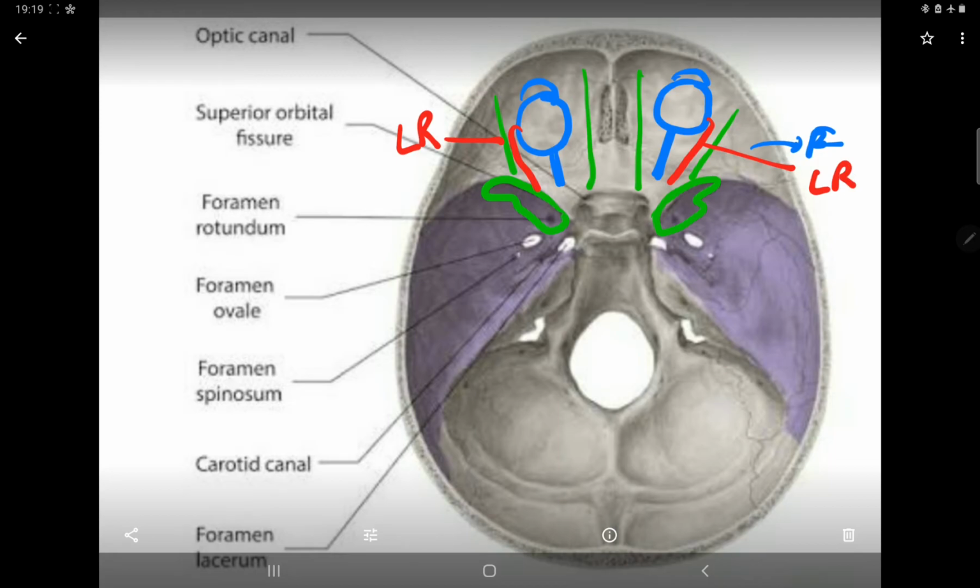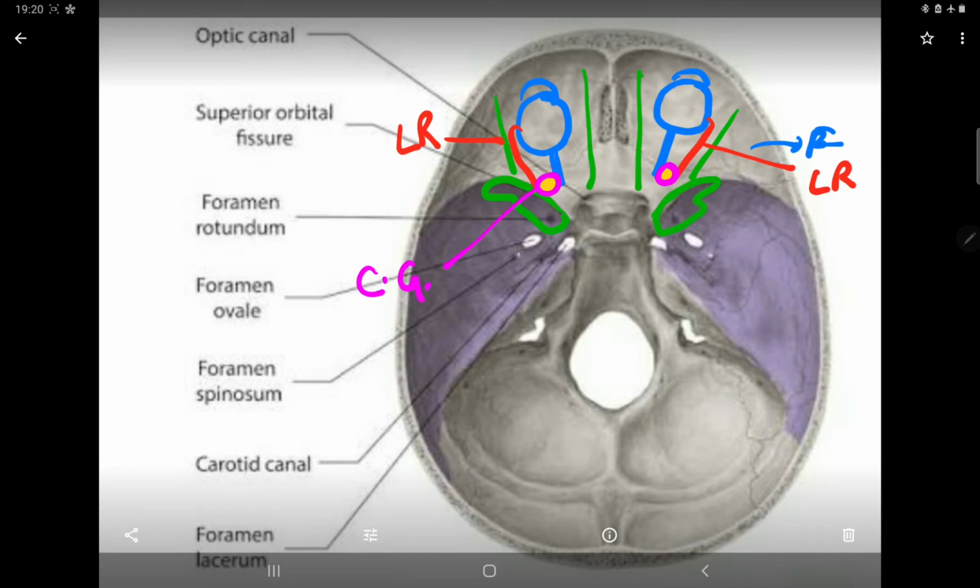Okay, where is your ciliary ganglion located? Here. Here is your ciliary ganglion, the yellow colored structure. You can see this structure here. This is your ciliary ganglion.